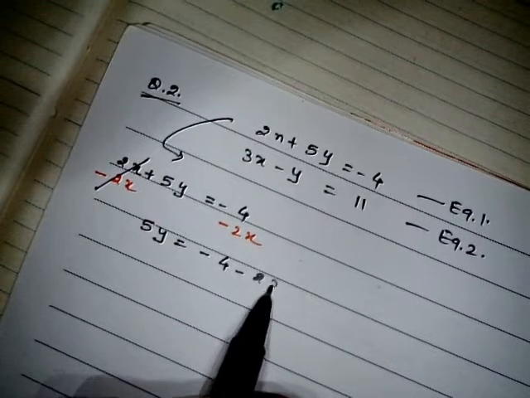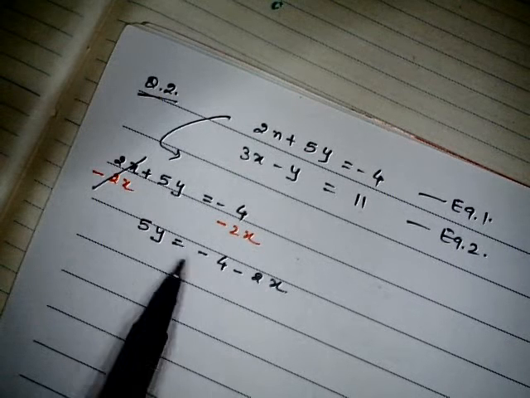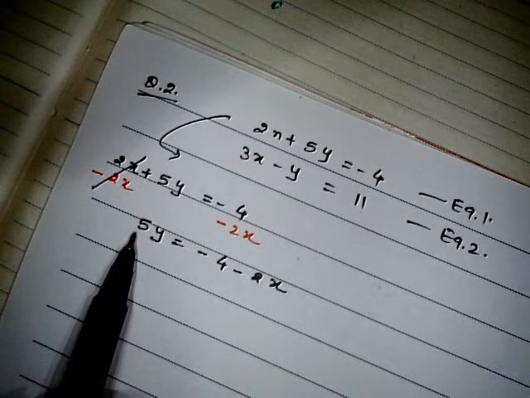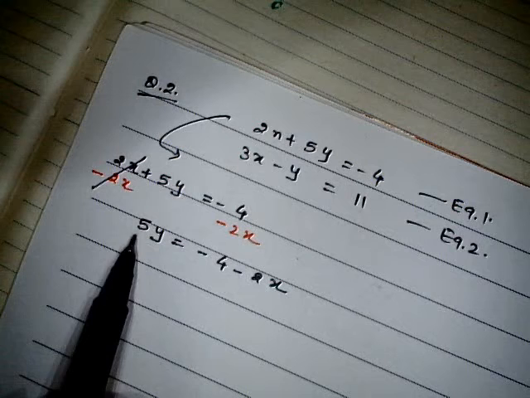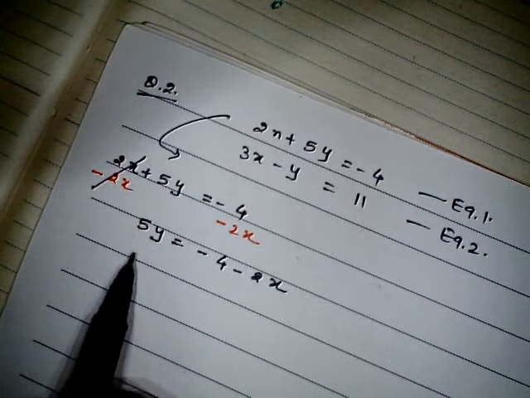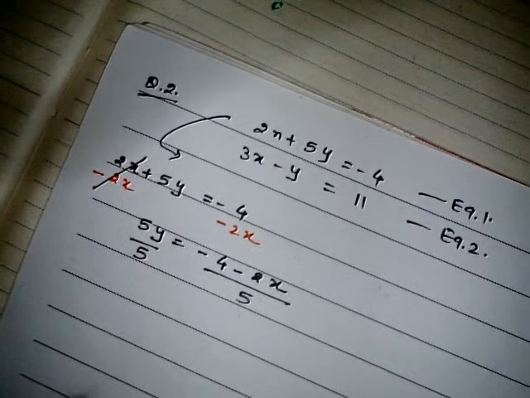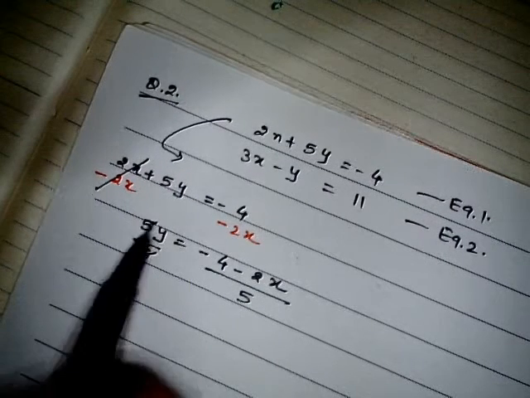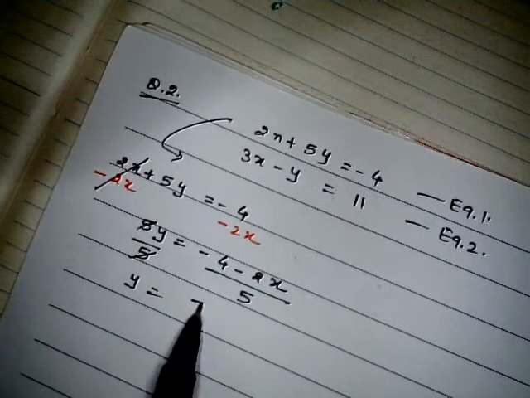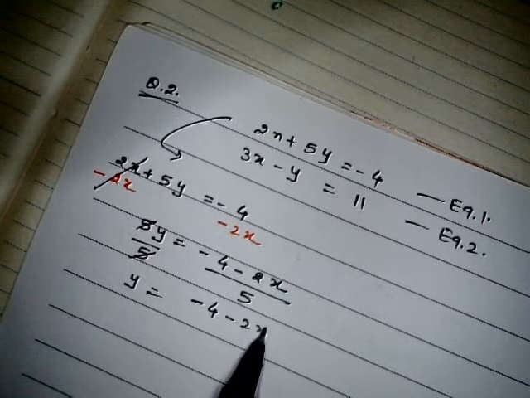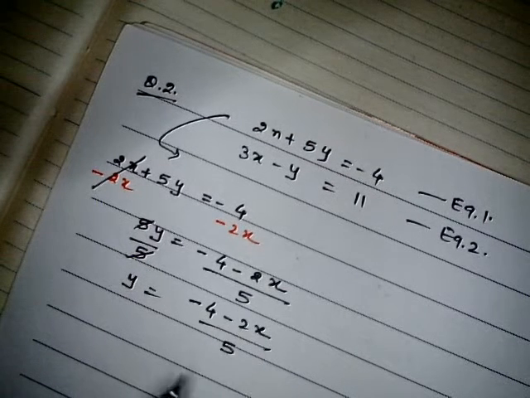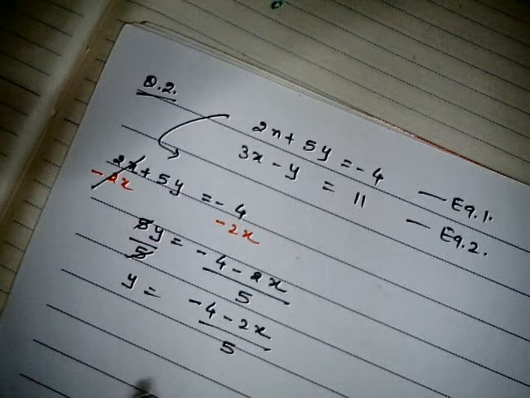Now with y, what is present? 5. To remove that 5, I need to divide both sides by 5. So I have divided, and y is equal to (negative 4 minus 2x) upon 5. Here you can see the difficulty: this whole term is upon 5.